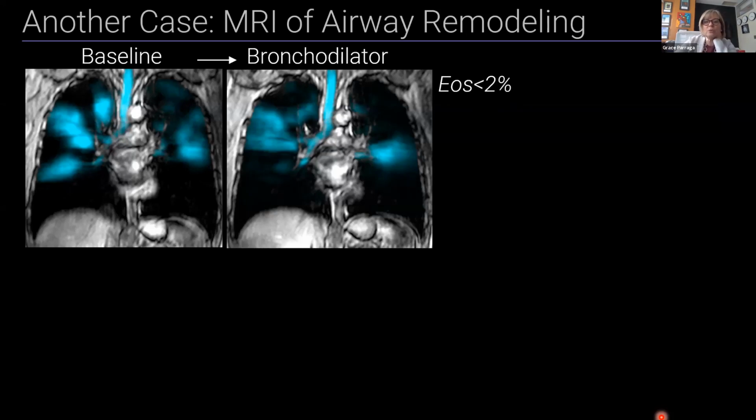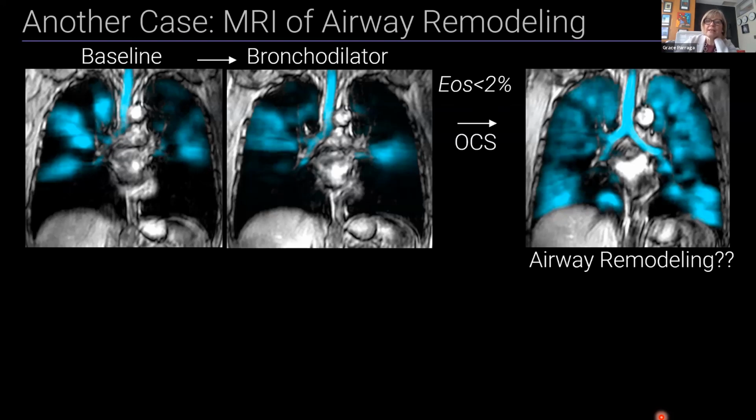And this is a patient without sputum eosinophilia, very poor ventilation MRI, and very poor quality of life. And yet, even though there was no evidence of sputum eosinophilia, after 2 days of prednisone, we saw some remarkable improvement in the lung imaging.